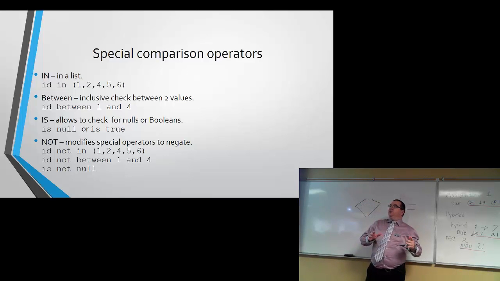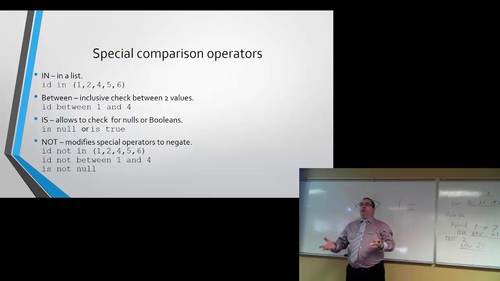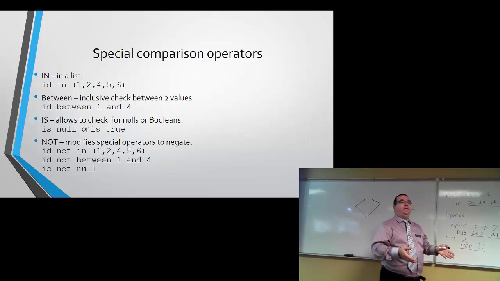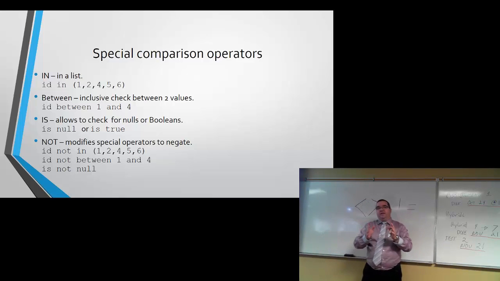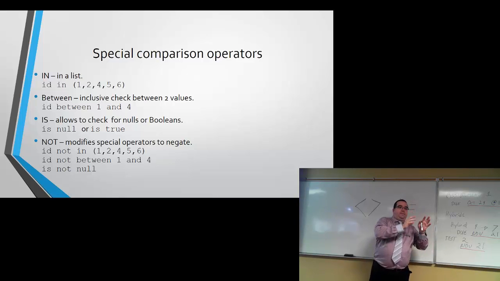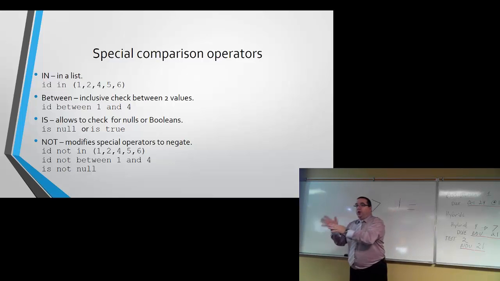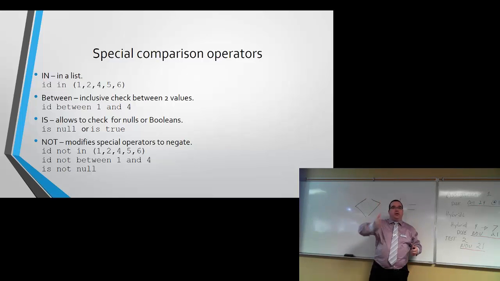For example, you can't check to see if something is equal to null. Anyone want to tell me why you can't check if something is equal to null? There's nothing there. So therefore you're saying, is this equal to nothing? If A equals null, it doesn't work because something cannot be equal to null.